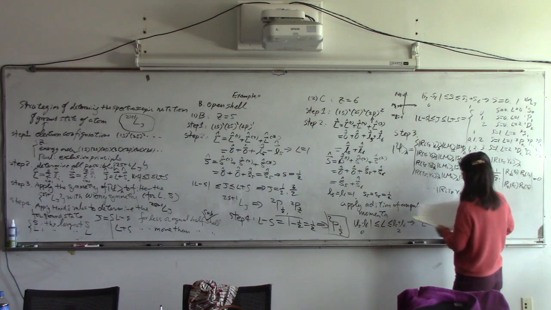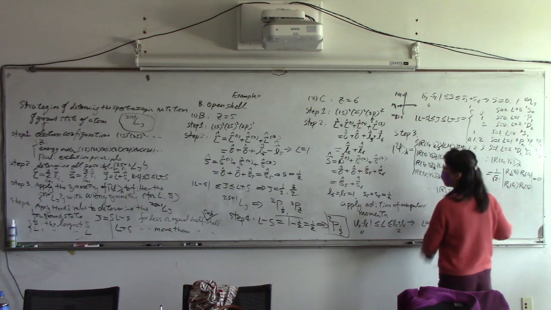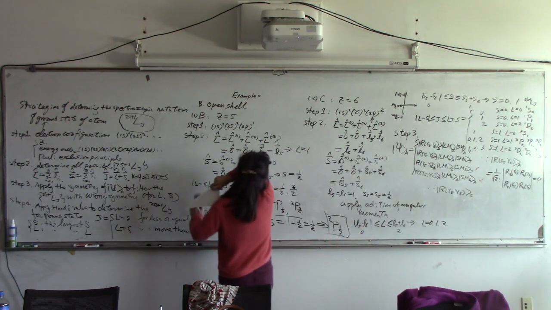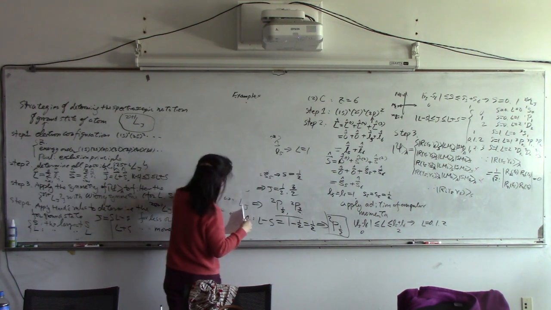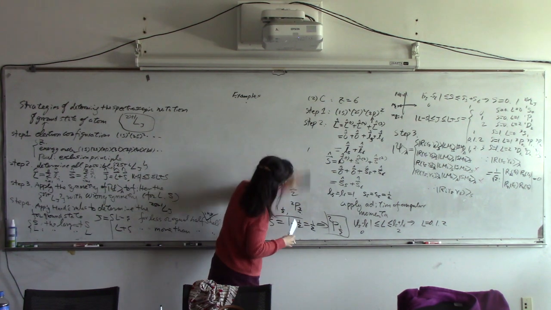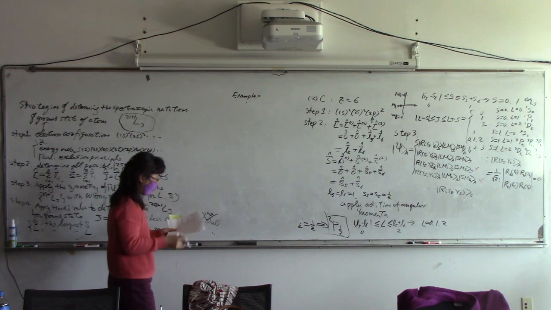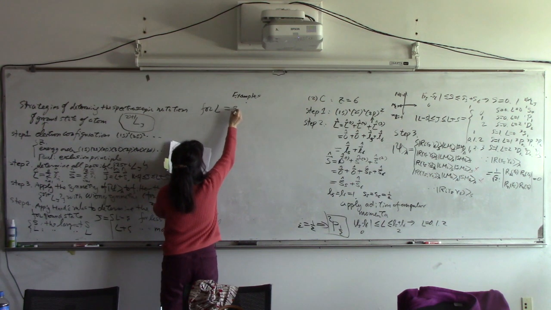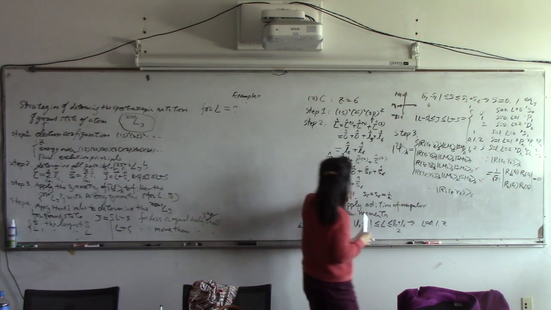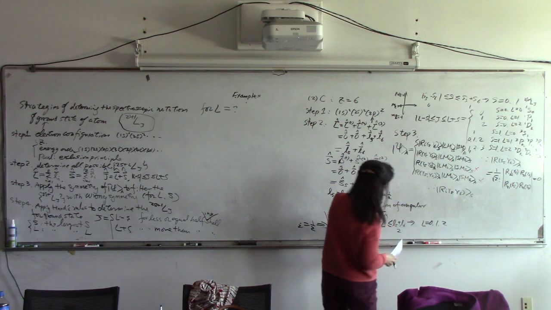So now we are going to consider the orbital and spin. Here, since it's a simple case, the addition of 2 electrons, 2 orbitals, right? So we can use the addition. Now we are going to see for L.